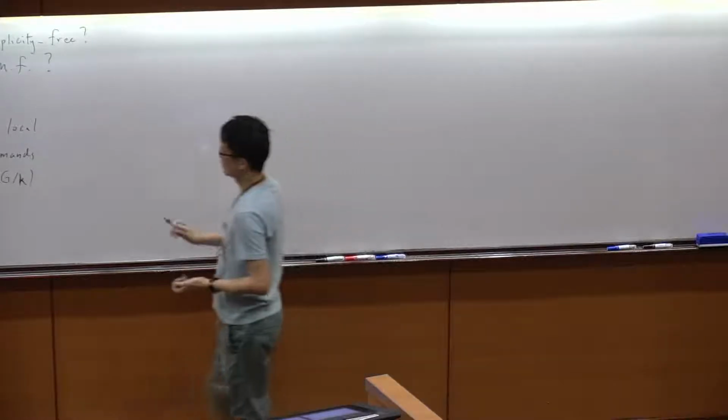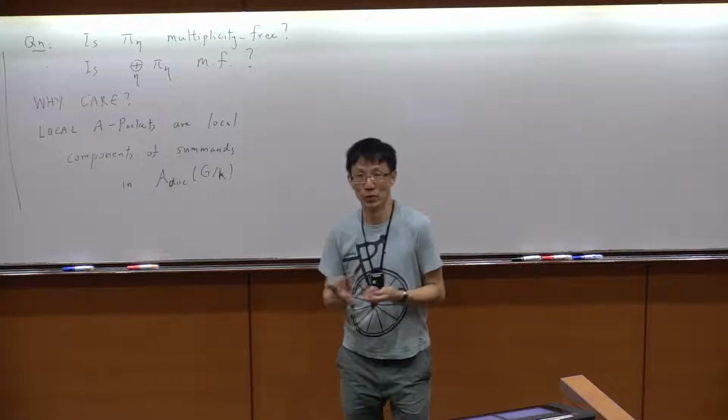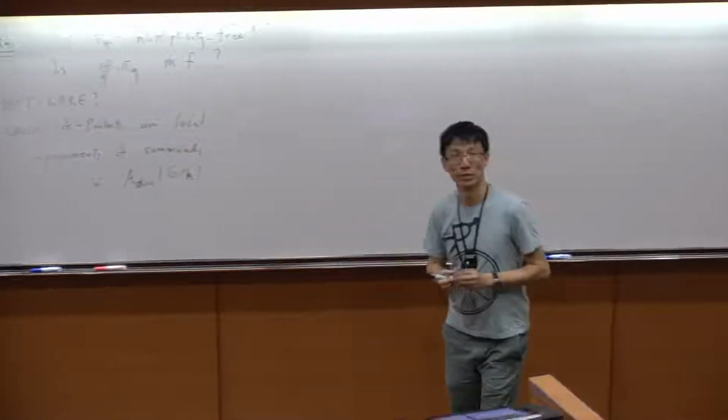And one question you may ask is, does this space have multiplicity 1? For example, does the space of cusp forms on a classical group have multiplicity 1?